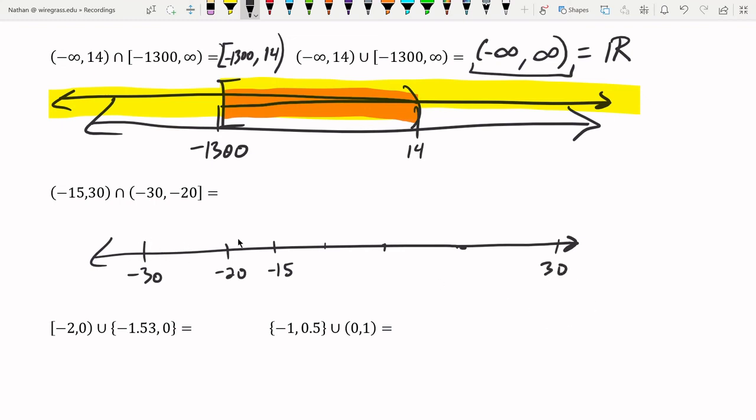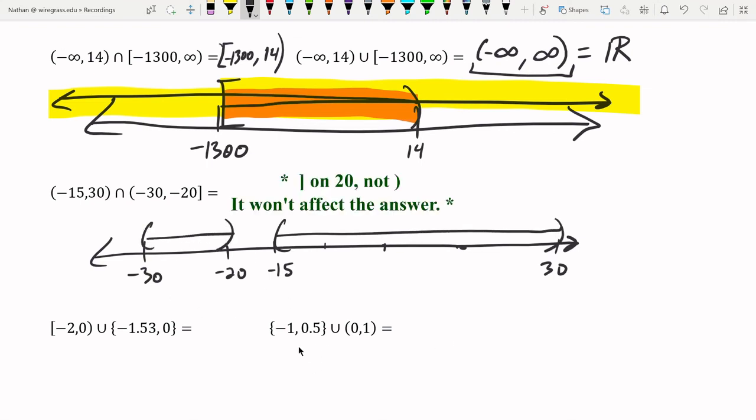Okay, we have negative 15 to 30 and negative 30 to 20. Looking for the intersection is the overlap. Of course, there's a break here. That means these two sets are disjoint and there is no overlap. The empty set is the answer for this one.